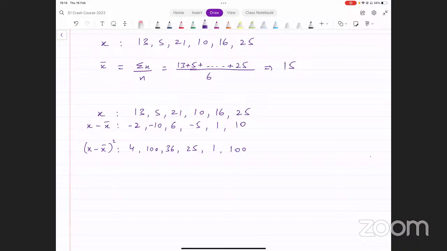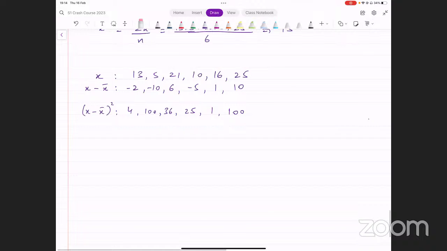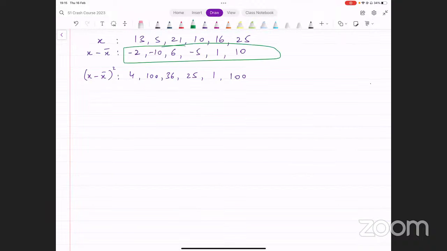All right, so this is what we were doing. To get rid of these negative signs, we squared these values. That gets rid of the negative signs. And then rather than taking the average of these differences, we take the average of these squares.